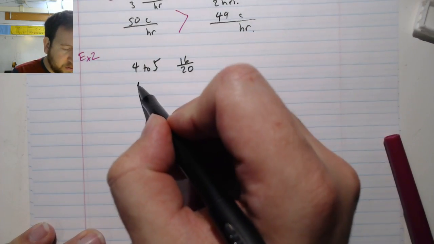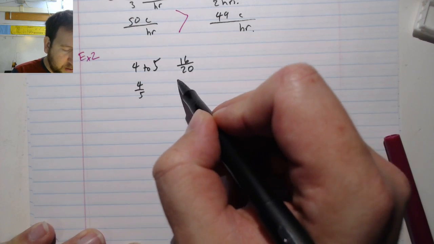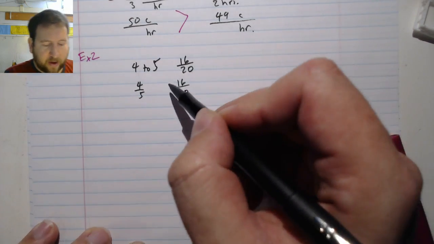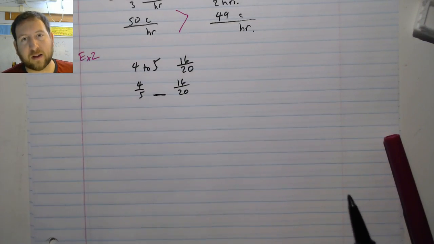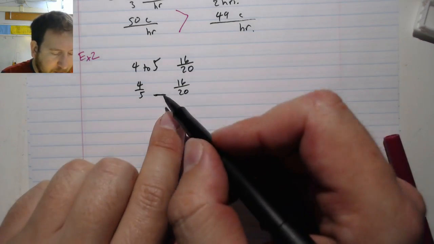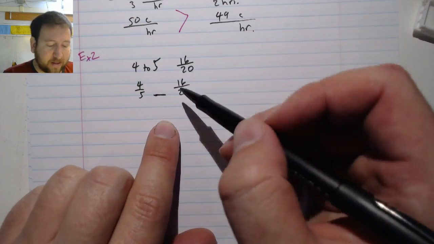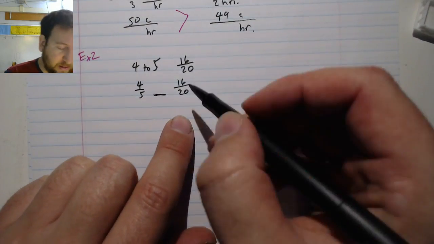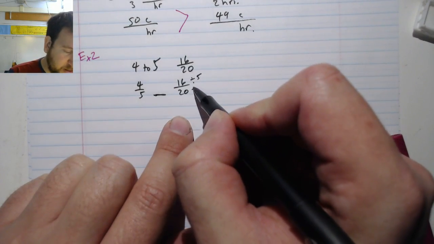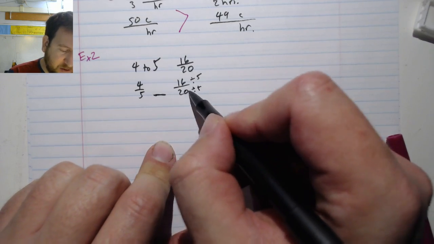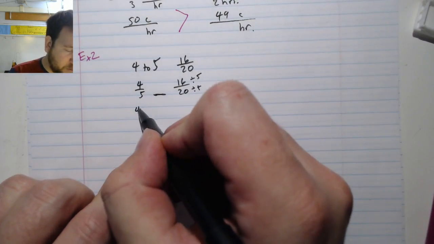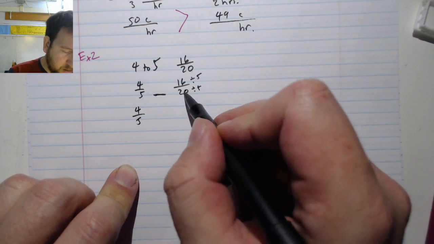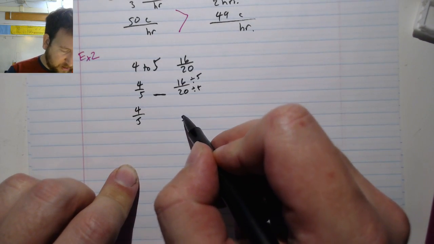Well, let's write them both as fractions first. 16 twentieths. And when I'm comparing here, I have a couple of options. I can divide like I did before, or I can simplify. And in this case, it looks like I'm going to be able to simplify. It's going to be easier because I can already see a 5 in 20 that kind of wants to come out. So let's see, we have 4 to 5. This 20 divided by 5 is going to give me a 5.